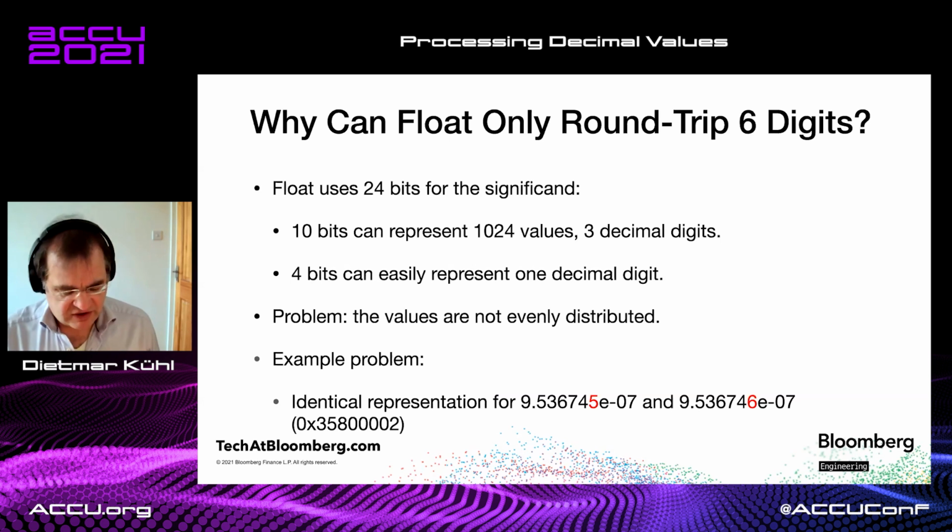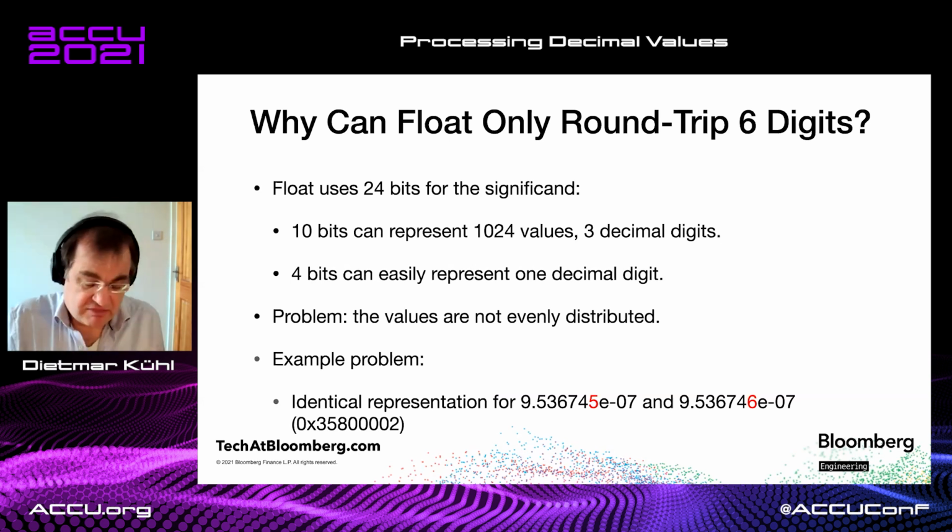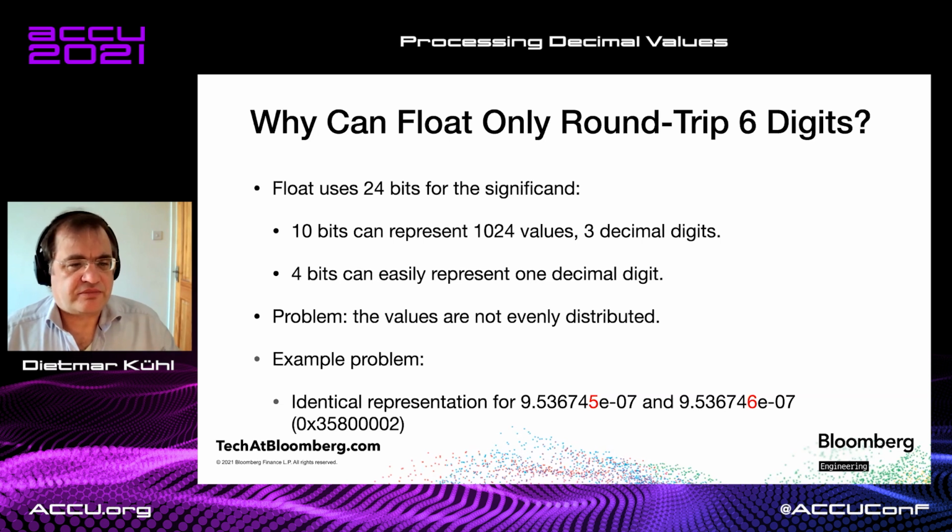And if you do the math, it's kind of all right. Per 3 digits, I need 10 bits, right? 10 bits can represent 1024, which easily represents 3 digits. So we have 2 times 3, and then we have 4 bits left, which can easily represent an extra digit. Unfortunately, the values are not evenly distributed.